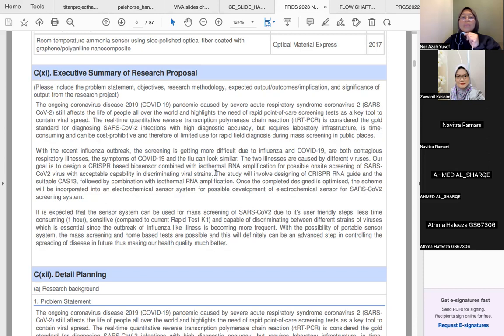And again, in the research method as well, I put that the study will involve designing the CRISPR biosensor and combining it with isothermal amplification. Once the completed design is optimized, the scheme will be incorporated into an electrochemical sensor system.